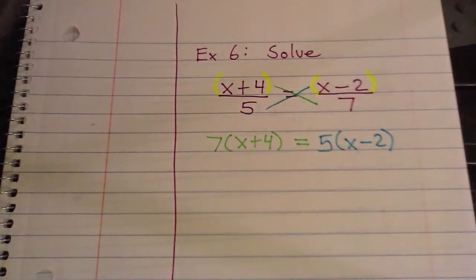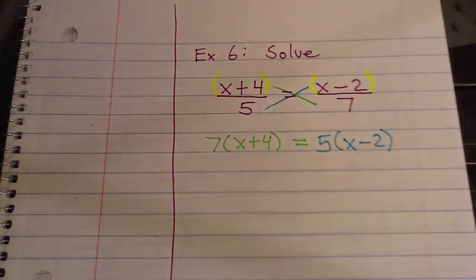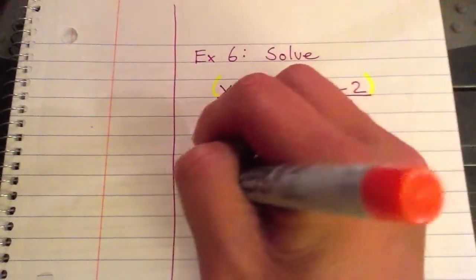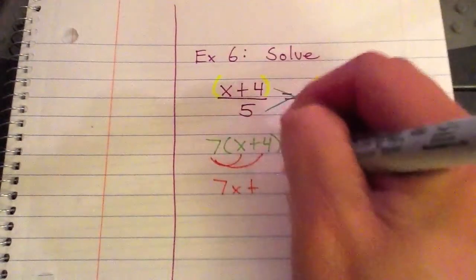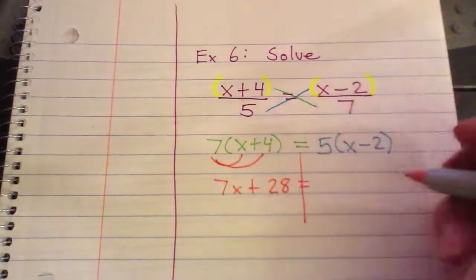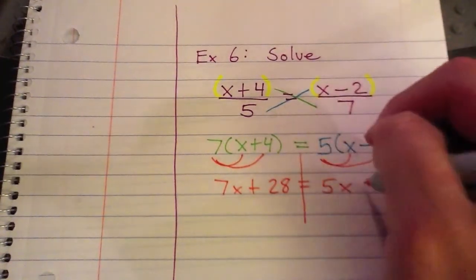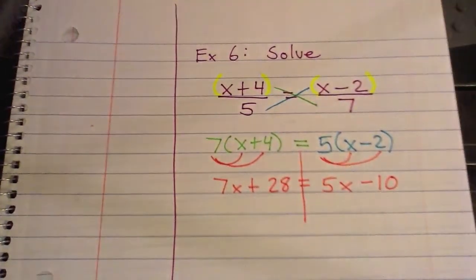And hopefully everyone noticed here that you should distribute. So you draw your line, and now you're going to distribute, and you end up with 7x plus 28 equals 5x minus 10. Don't forget to distribute.